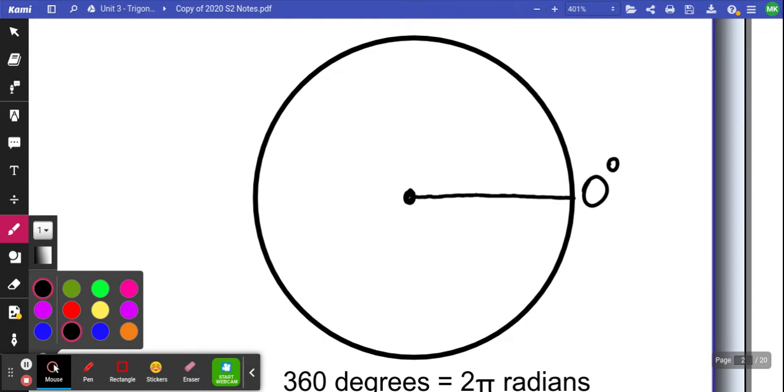That means if I went from here to there, how many degrees would that be? That'd be 180 degrees. Perfect. 180 degrees equals exactly pi radians.